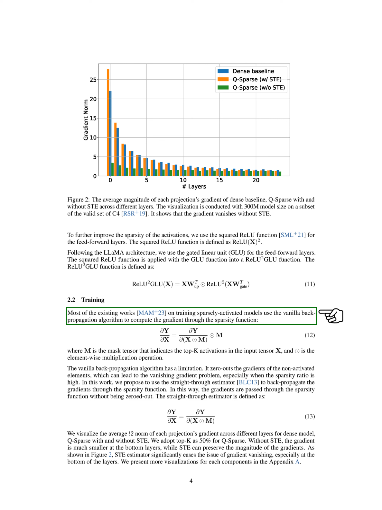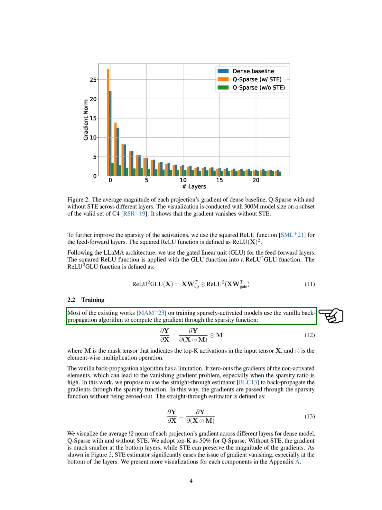However, the standard backpropagation method has a drawback. It sets the gradients of the non-activated elements to 0, which can cause the vanishing gradient problem, particularly when the sparsity ratio is high. To address this issue, we propose using the straight-through estimator to backpropagate the gradients through the sparsity function. This method allows the gradients to pass through the sparsity function without being zeroed out.